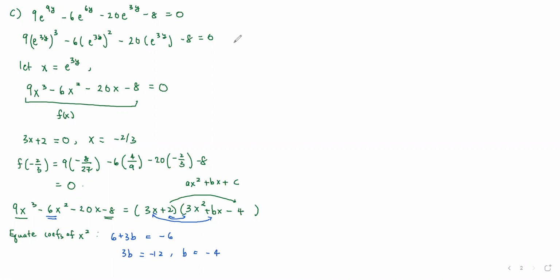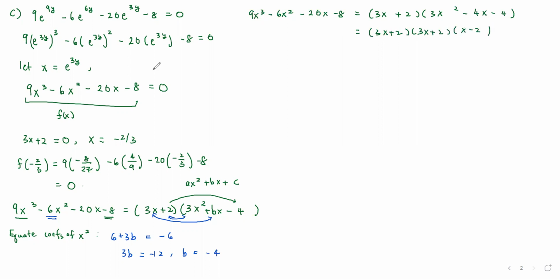Now we see that if b is negative 4, then 9x cubed minus 6x squared minus 20x minus 8 can be written as 3x plus 2, and we have 3x squared minus 4x minus 4. This quadratic can be factored, so you have 3x plus 2 and x minus 2.